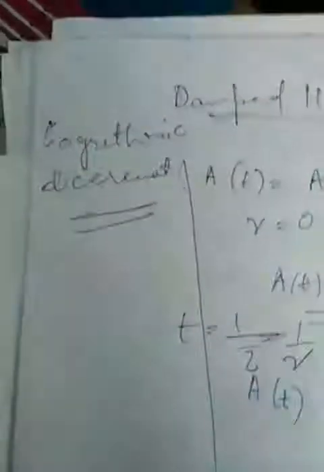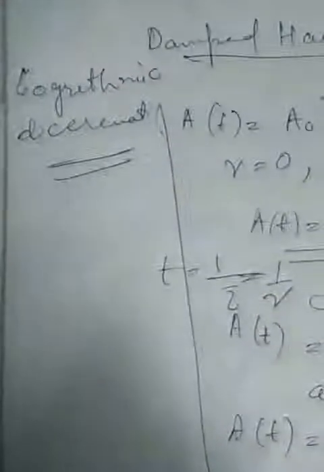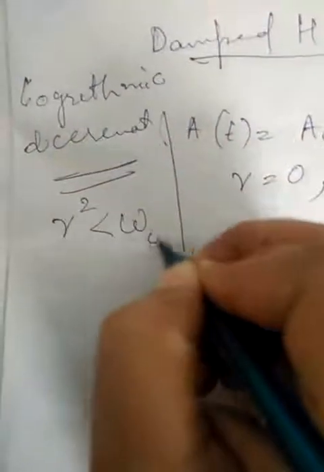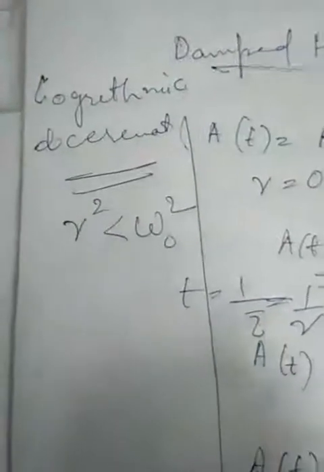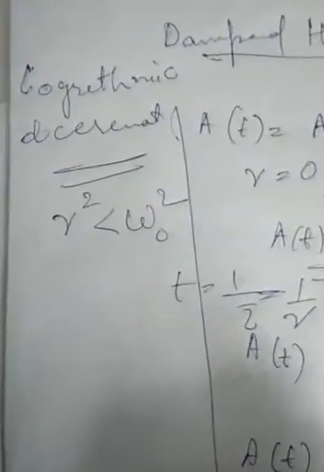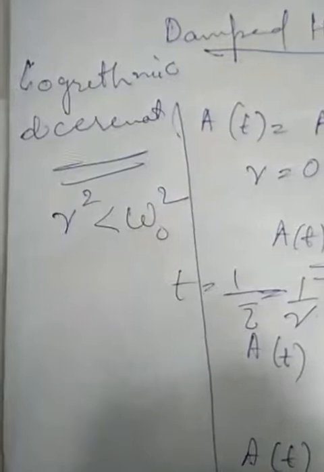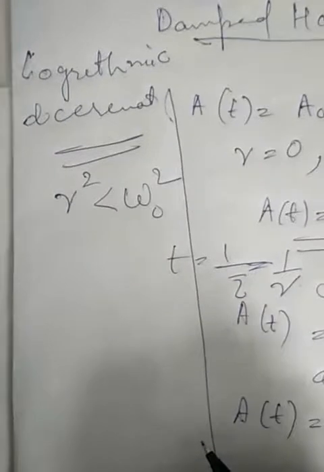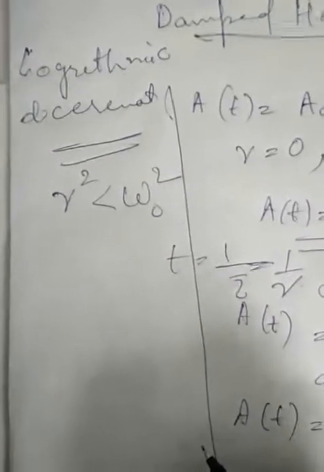So what happens? The intensity of the damping in the underdamped condition, which is when gamma square is less than omega naught square, is determined by how much the amplitude decreases over one complete oscillation in a time period. That is, the damping is regarded as high or low depending upon the decrease in the amplitude during one oscillation.